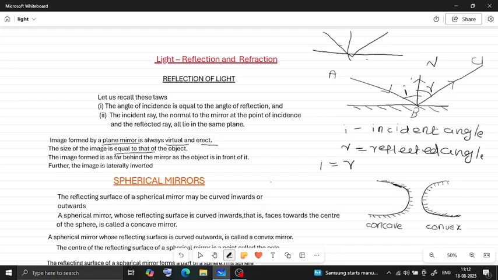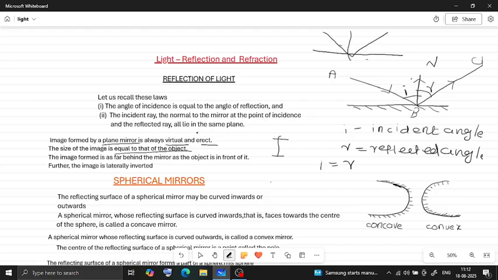The image size will be equal to the object, so the image height is the same.